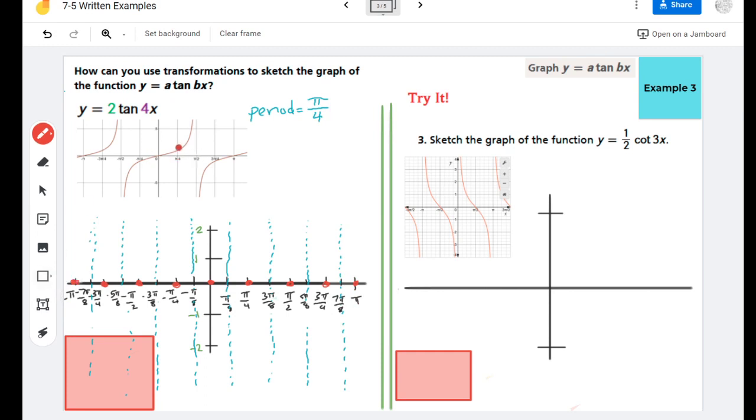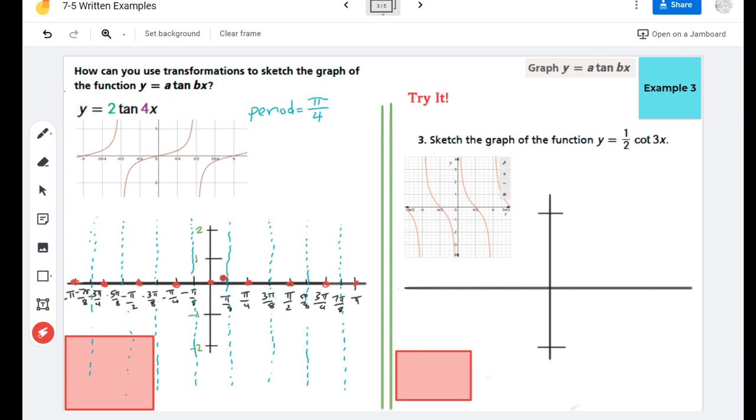All right, now remember, on our parent function, we go up 1 at pi over 4. So like halfway between my 0 and my asymptote, it goes up 1.